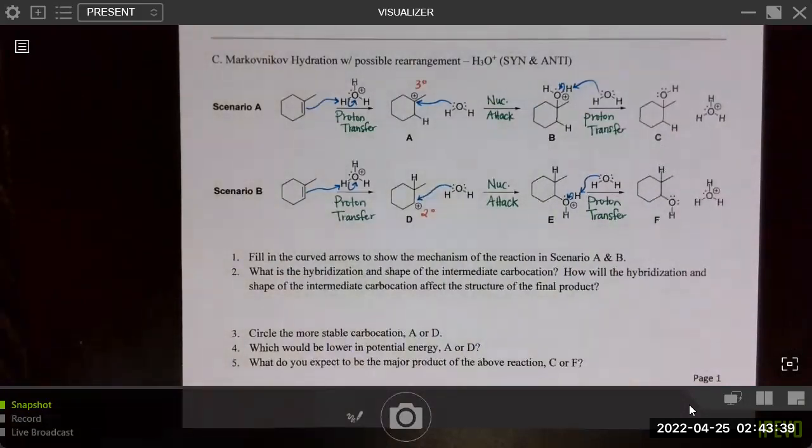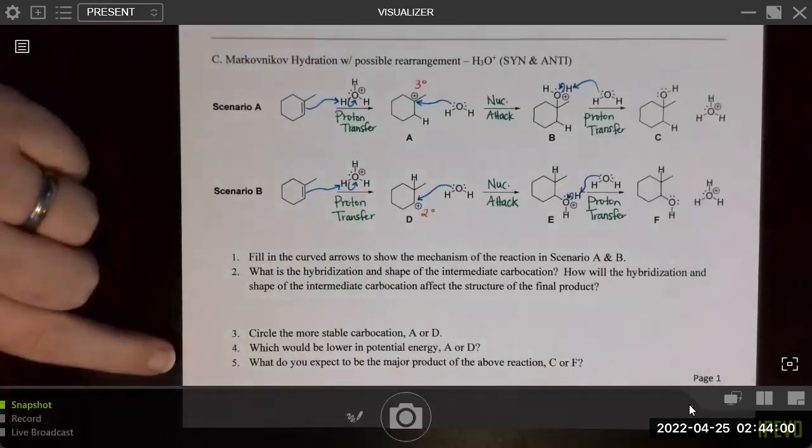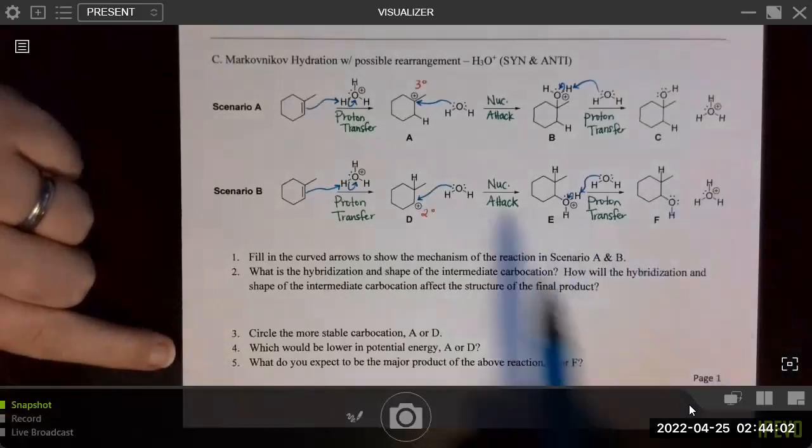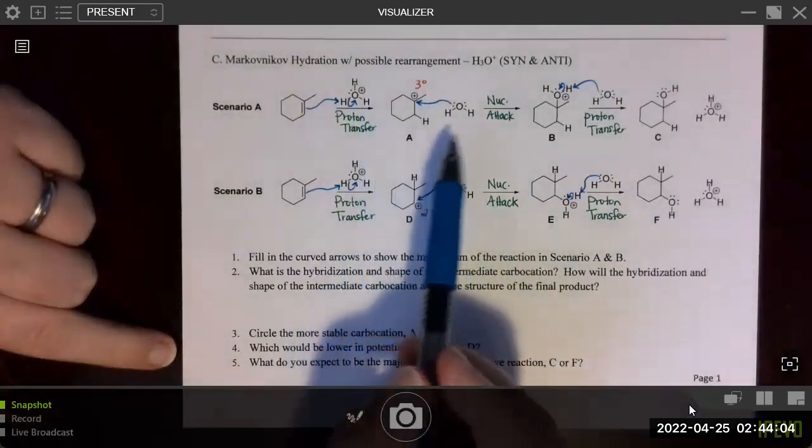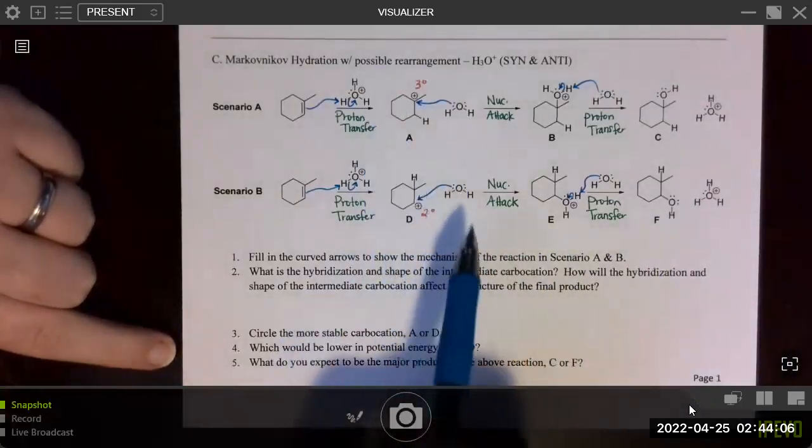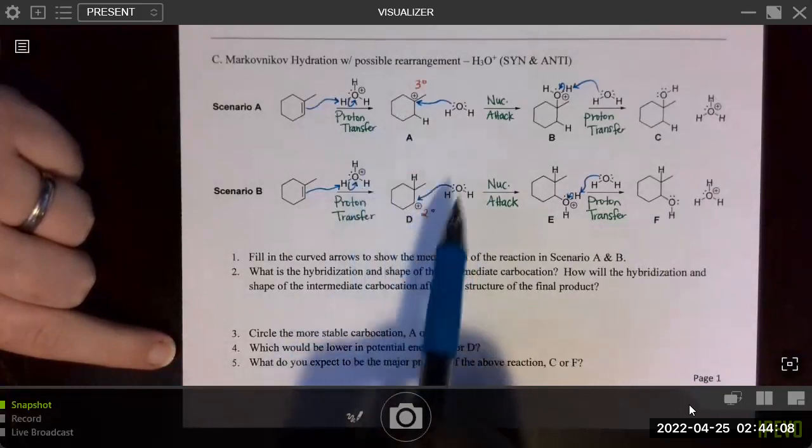The next question asks us about the hybridization and shape of the intermediate carbocation. How will the hybridization and shape of the intermediate carbocation affect the structure of the final product? Well, that depends on the number of stereocenters. So let's look and see what our final product would be. Are we going to go through the more stable tertiary carbocation or the less stable secondary carbocation?